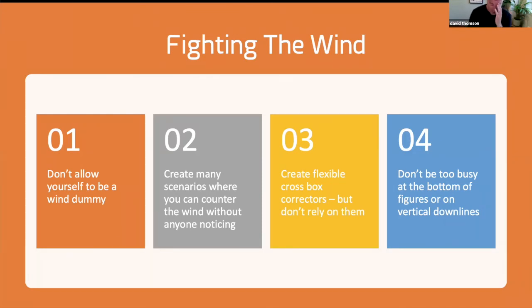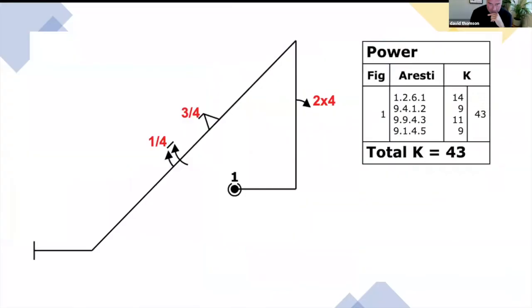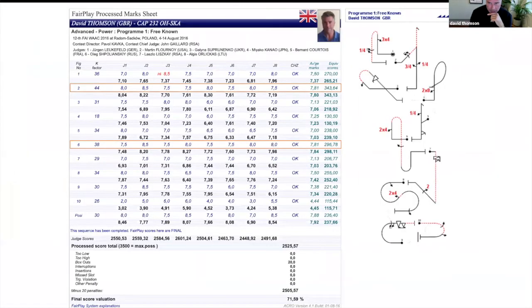What I try to do is to create something that allows you to either move a long way across the box or not move across the box at all. And it usually consists of two separate figures. You want to come out of the first figure not going particularly fast. I think that is the critical bit of advice, and I'll just nip back to my free sequence.